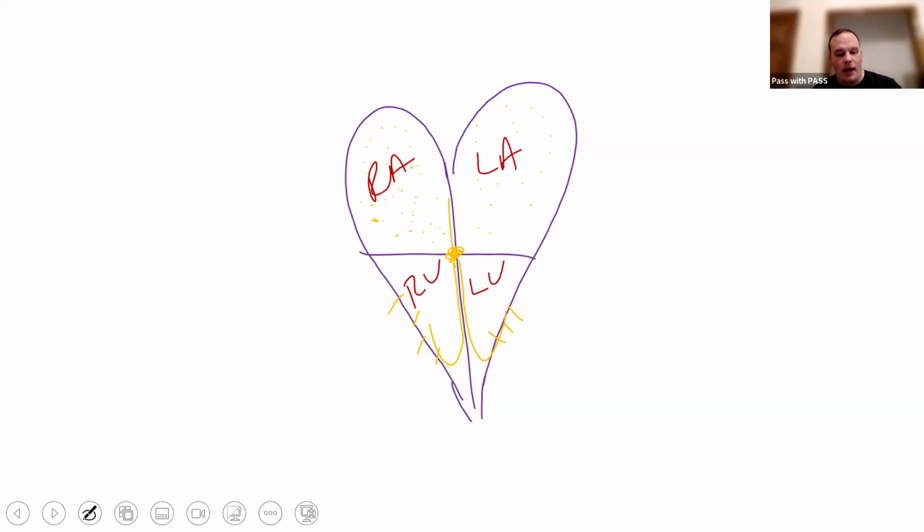So let me ask you guys, how well do you think your atria are pumping blood and moving blood from the right atrium down to the right ventricle, right? And the left atrium down to the left ventricle? How well do you think the atria are truly squeezing and filling and squeezing and filling in AFib? They're not, right?